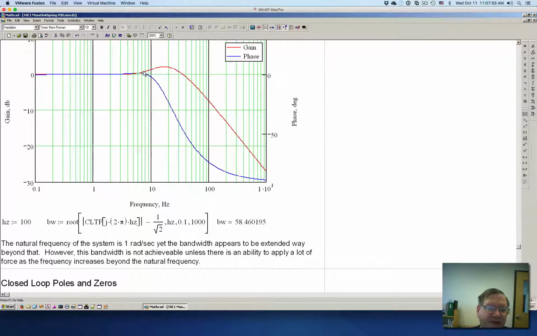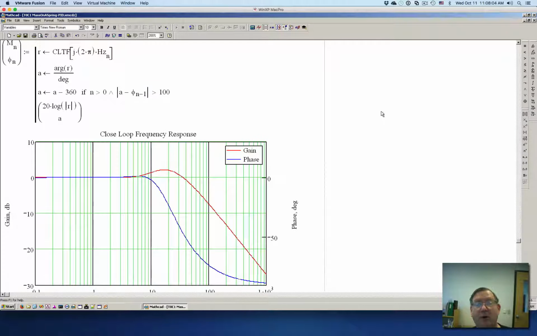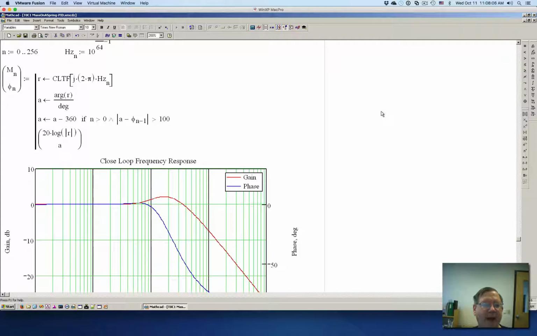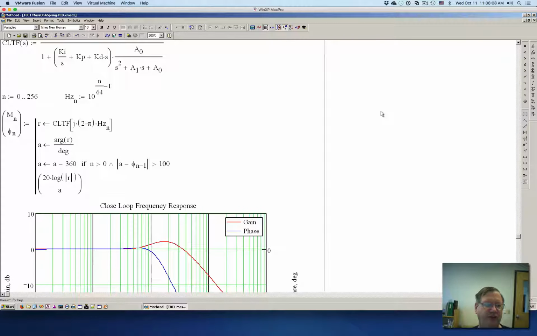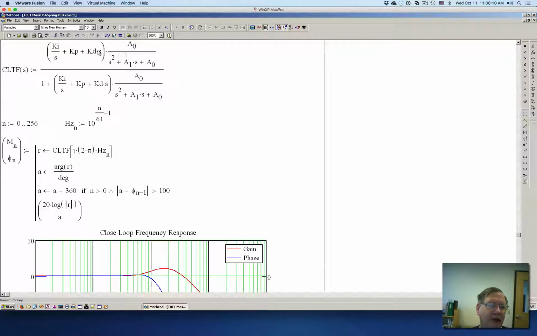Now, you can see the gain increases here. Well, that is due to the closed loop, or the poles, the gains in the forward path. And just to show you that, let's just come down here and remove these.